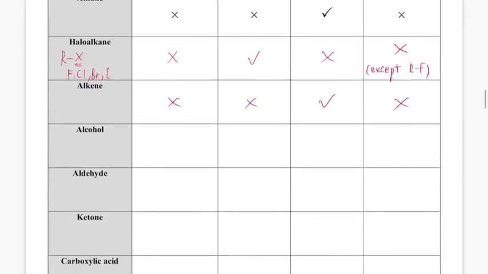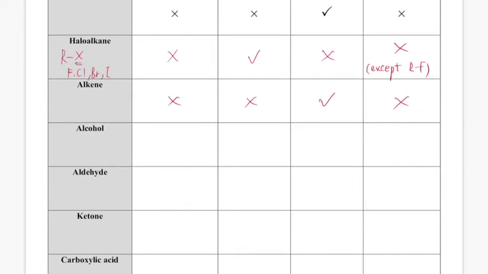Okay, move on to the next one. Next one, we got alcohol. So alcohol, remember the functional group? We got OH. Here, it has an H attached to the most electronegative atom O, and also it has a lone pair on this oxygen. So when we have 2 alcohol molecules together, they can form hydrogen bond.